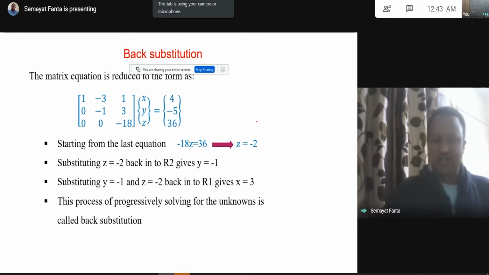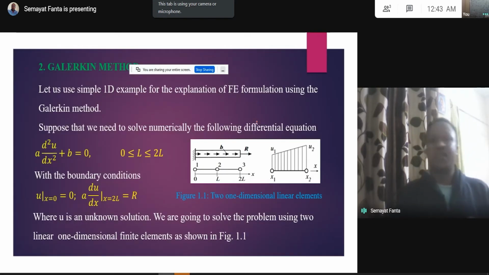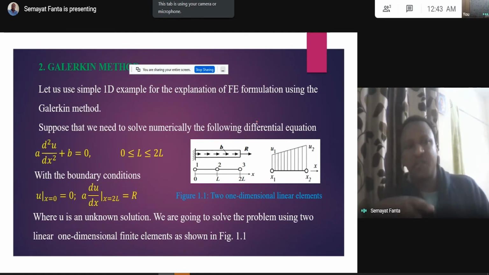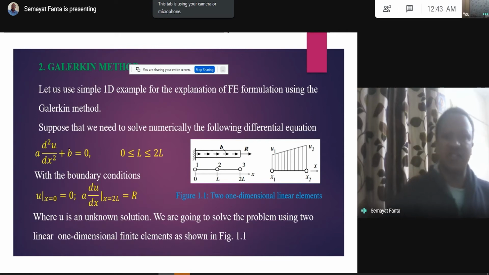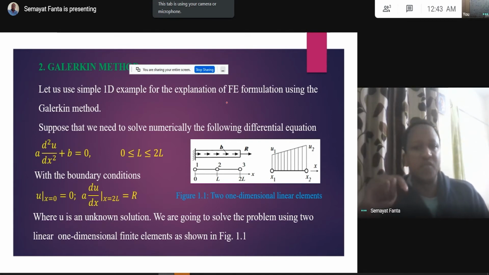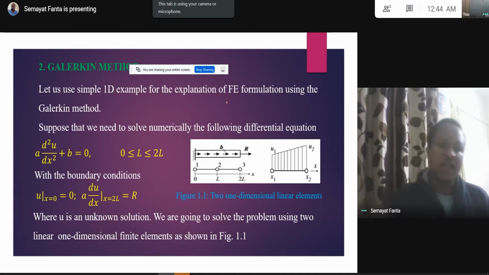The next one is the second approach which we use for finite element formulation, the Galerkin method. Let's take a 1D example for explaining the FEM formulation using the Galerkin method.